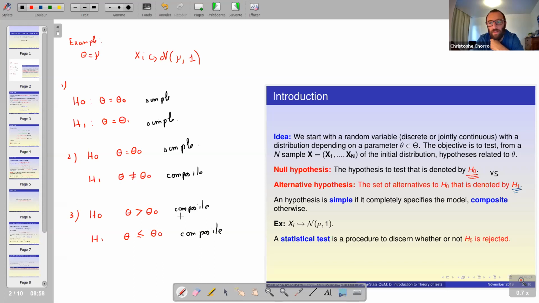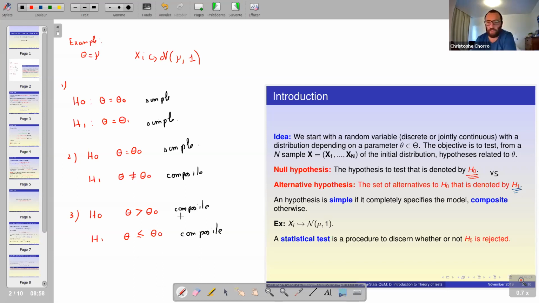And so we will take decisions with a certain level of probability that is not one, something that is a little bit less than one. So we don't do a deterministic process in order to check whether or not H0 is rejected, but we do things in relation with probability. So that's why, in general, if you don't reject H0, you say that you do not reject H0, you don't say that you accept H0, okay. So it's just a little point of vocabulary.